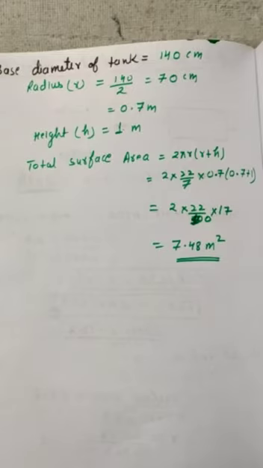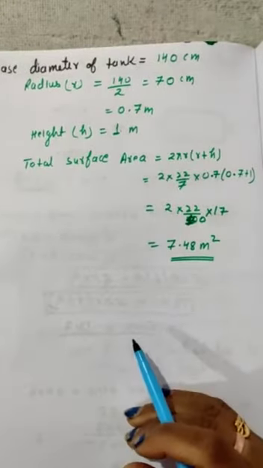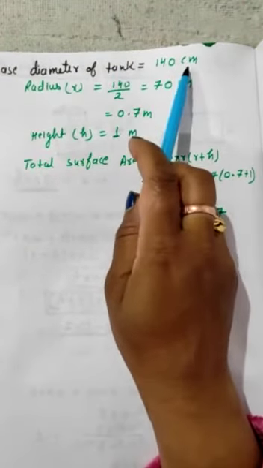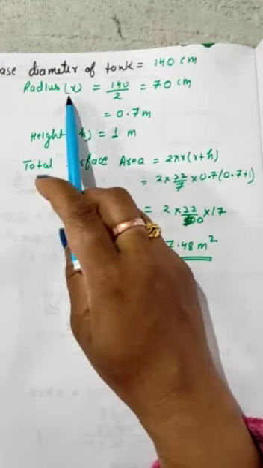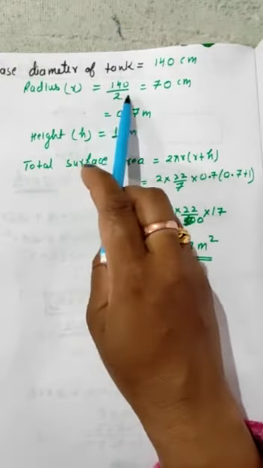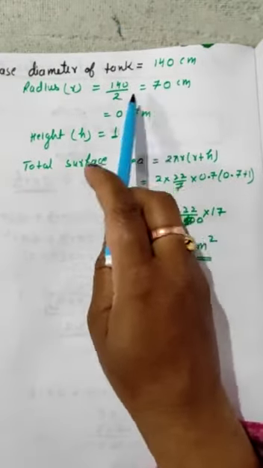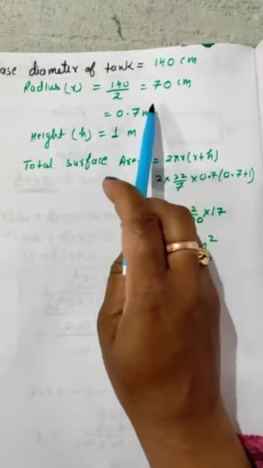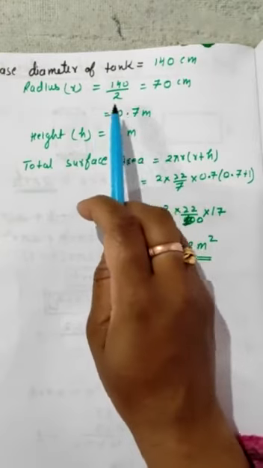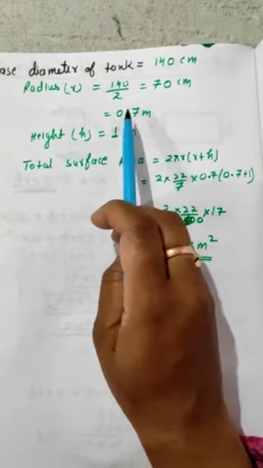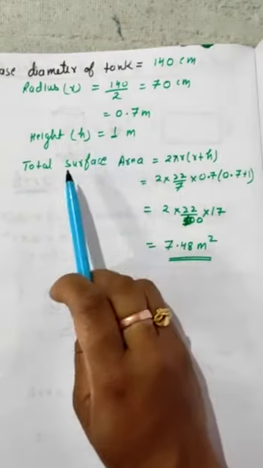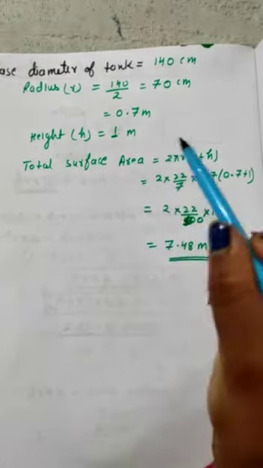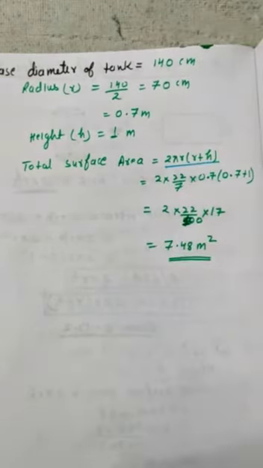In the second question, it is given that the base diameter of the tank is 140 centimeter, and its radius will be 140 upon 2, so it will be 70 centimeter. Since the height of the tank is given in meters, we'll convert this into meter, so it will be 0.7 meter. Now we have got r, which is 0.7 meter, h, which is 1 meter, and now we have to calculate the total surface area of the tank by the formula 2 pi r into r plus h.